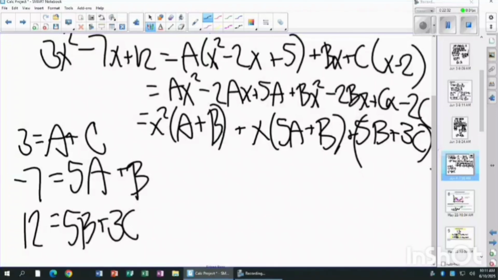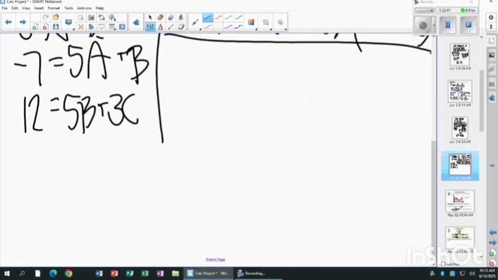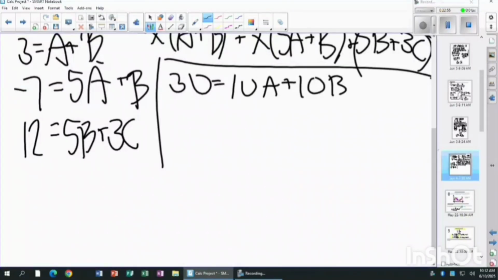That was a mistake. A plus b. So this is also a plus b. So 3 equals a plus b. Multiply that by 10. So, okay. So 30 equals 10a plus 10b.